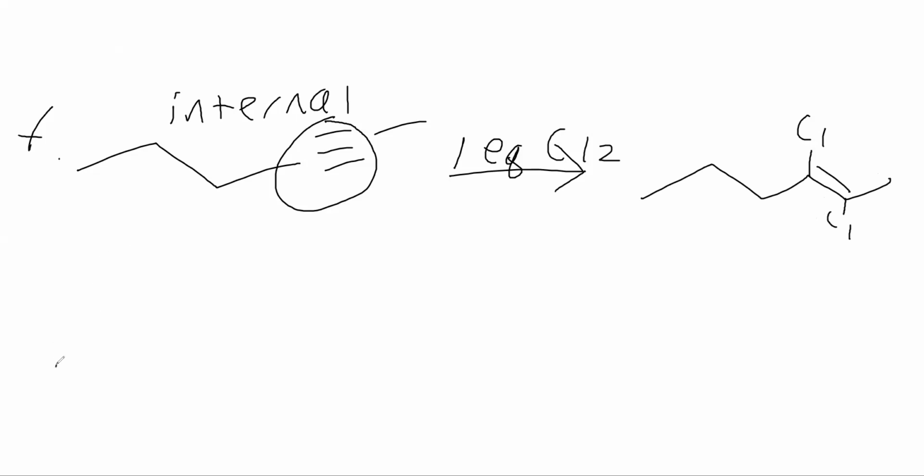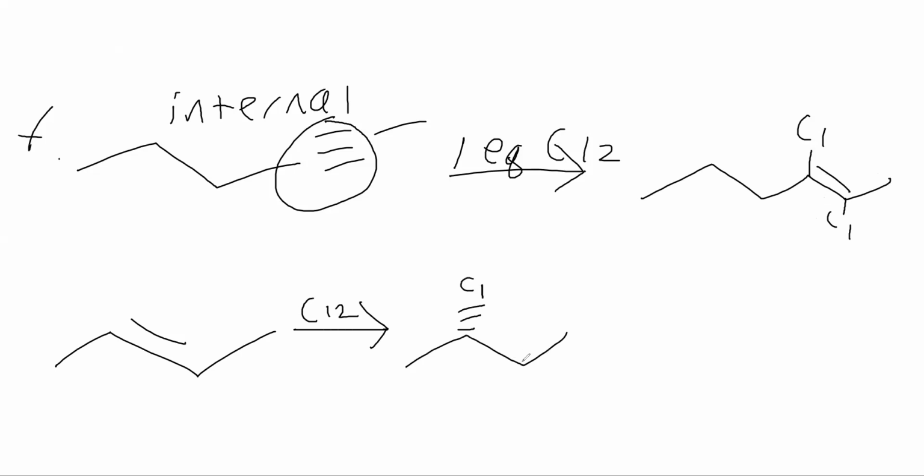Just like when we added to a double bond, they were trans to each other. They're also trans here in the double bond product. And if we added 2 equivalents, then there wouldn't be a stereochemistry, and we'd just have 2 chlorines on both carbons, but that's not something I'm showing here.